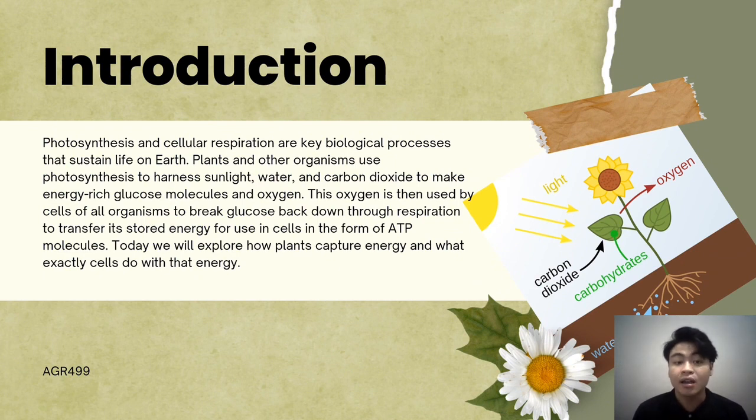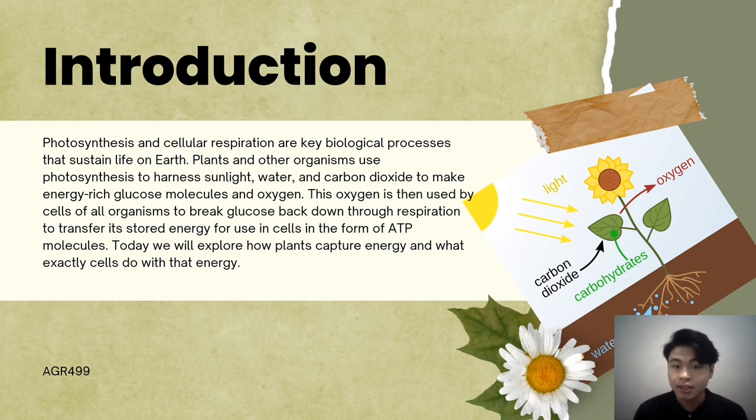Photosynthesis and cellular respiration are key biological processes that sustain life on Earth. Plants and other organisms use photosynthesis to harness sun, water, and carbon dioxide to make energy-rich glucose molecules and oxygen.